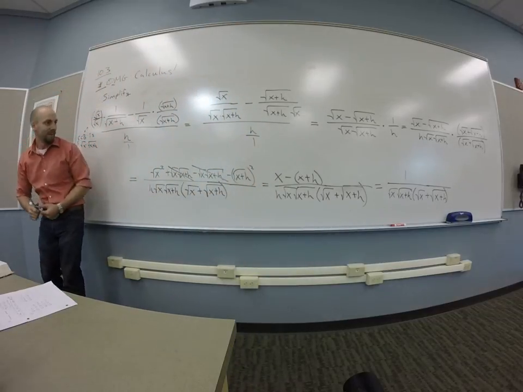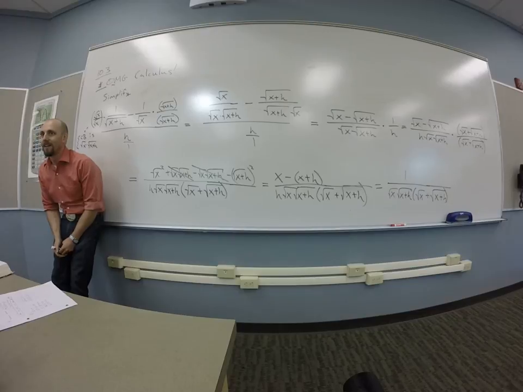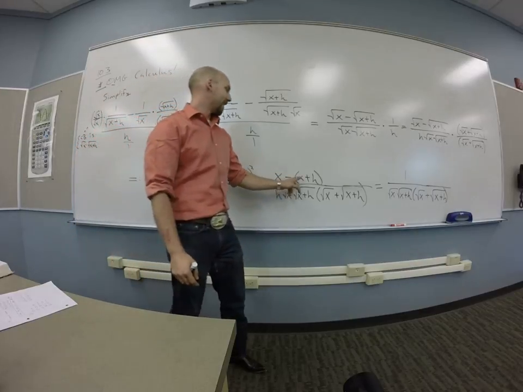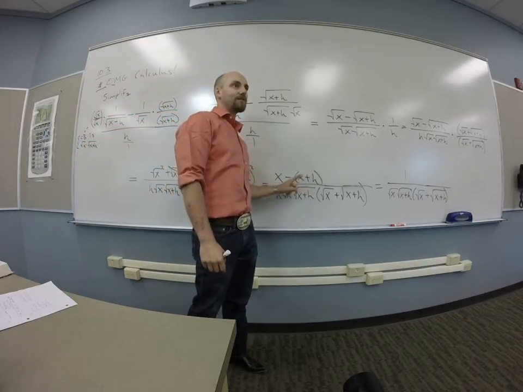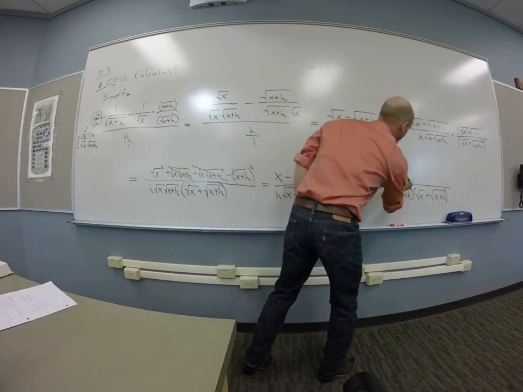Anybody see what he lost? The h. He lost an h, but he did that on purpose. Negative 1. Why? Distribute. Yeah, you have to distribute this negative through, which gives us a negative h over h. Isn't 1, but is negative 1.